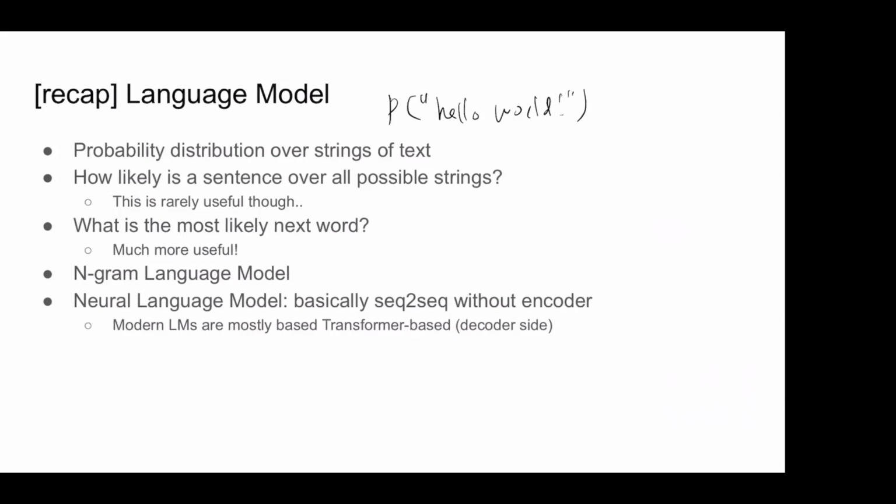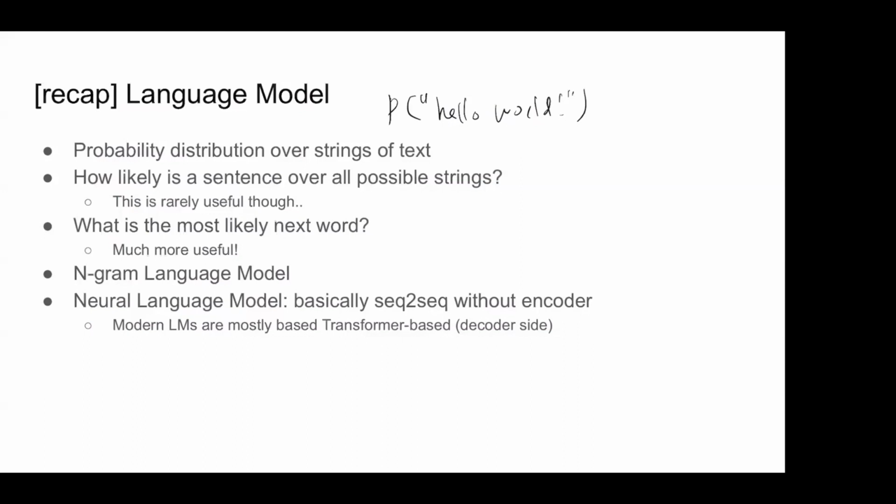So the formal definition of a language model is being able to define this probability for every text in the language. But of course, we mentioned that this is very difficult because there are infinite possible texts. Furthermore, it doesn't really make sense or isn't useful to give a probability on a certain text.